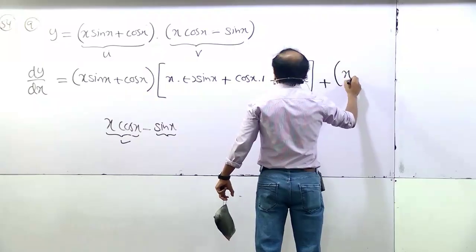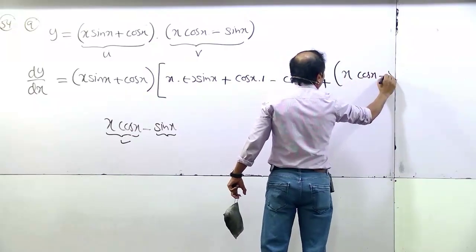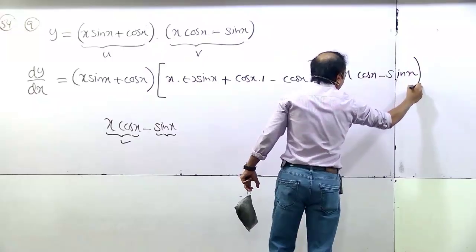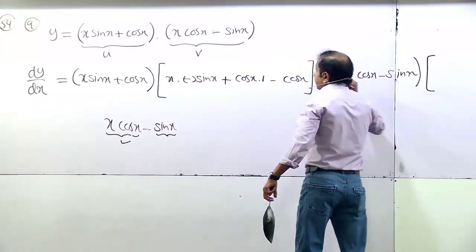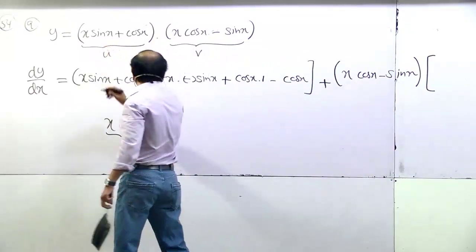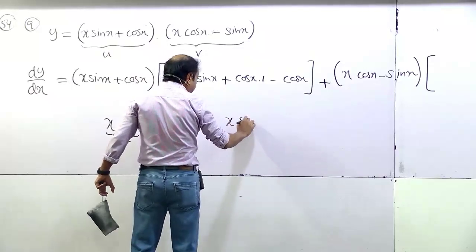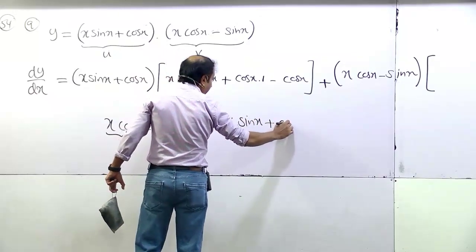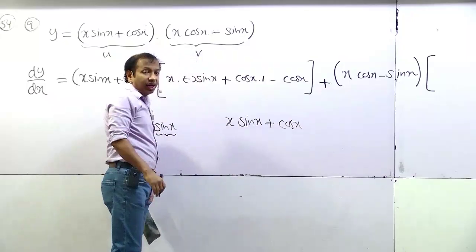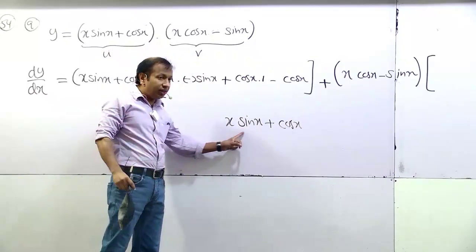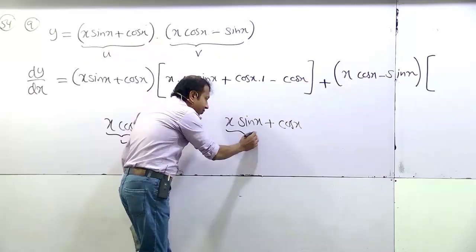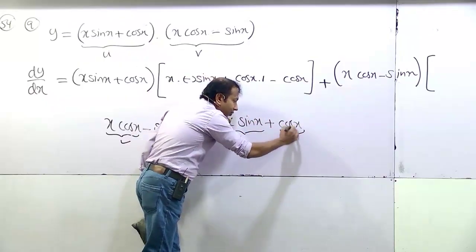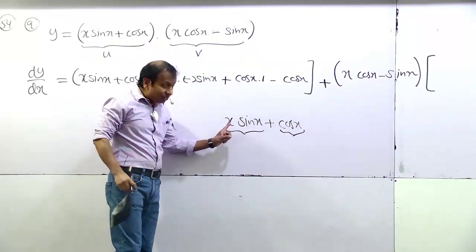Then it is x cos x minus sin x. Alright, now that should be multiplied by the derivative of this. What is that? x sin x plus cos x. How to differentiate this, tell me? We have to differentiate this and we have to differentiate this. How to differentiate this?